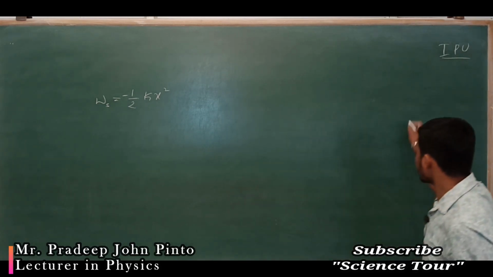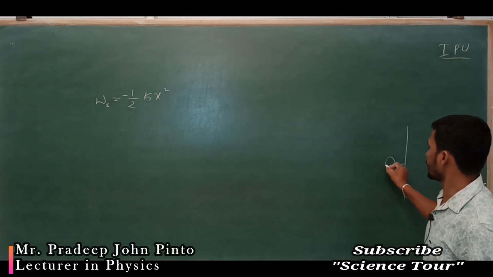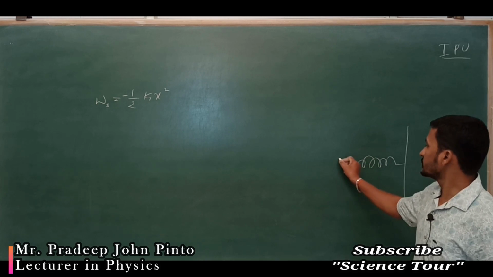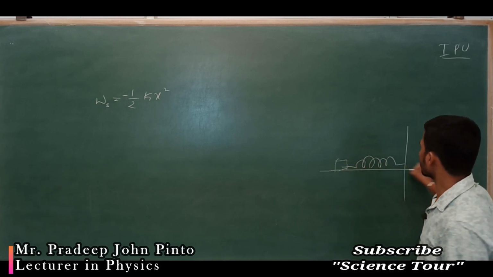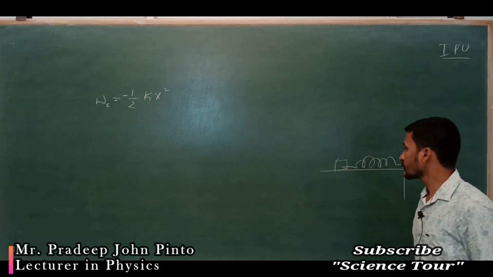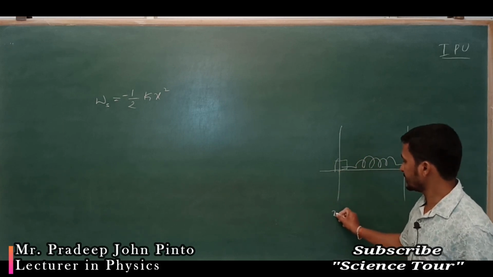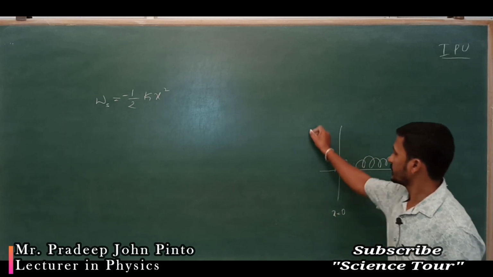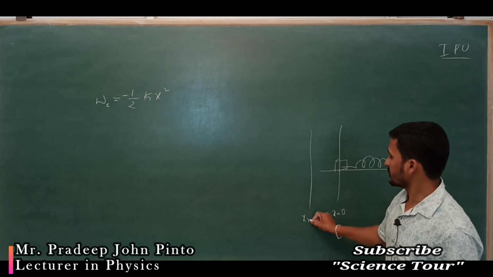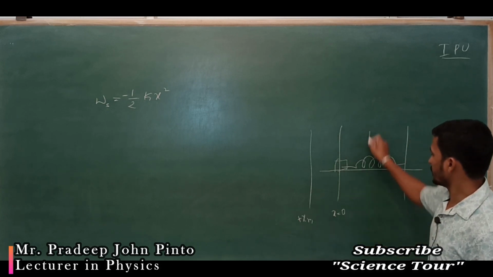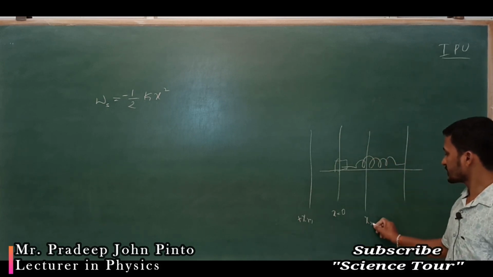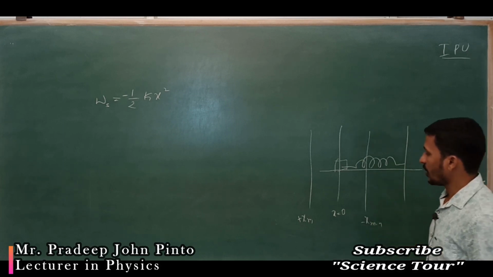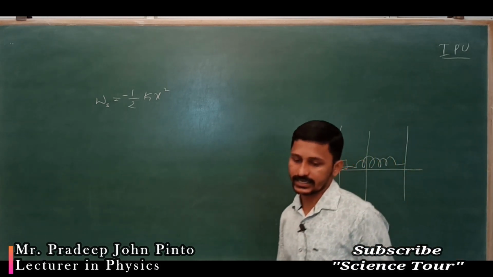Now we have a spring connected in this way on a smooth plane. This x is equal to 0, this is the x maximum position, this is the x minimum position, or minus x and plus x I can write down.